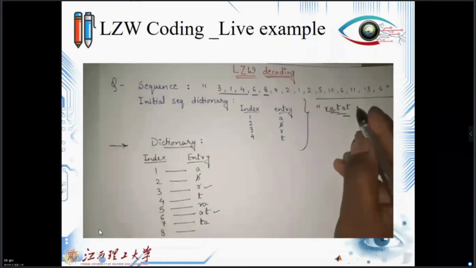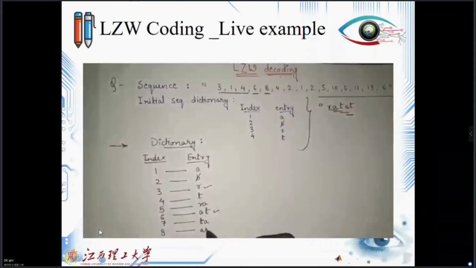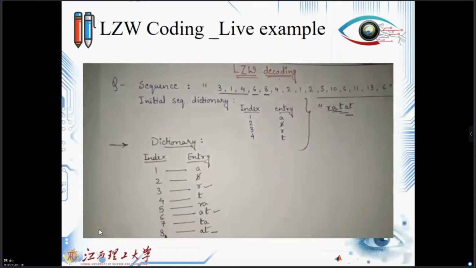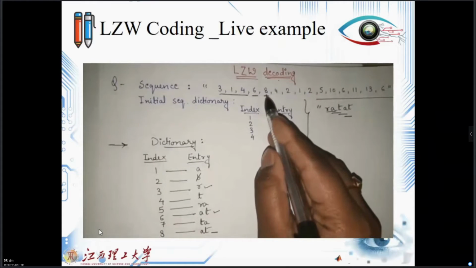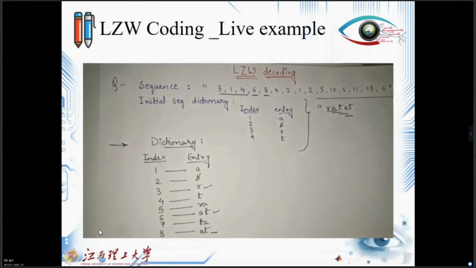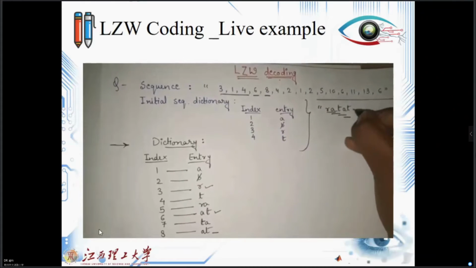Let us see. AT and something there, some blank things. That blank should be there. Then we will write AT and blank.